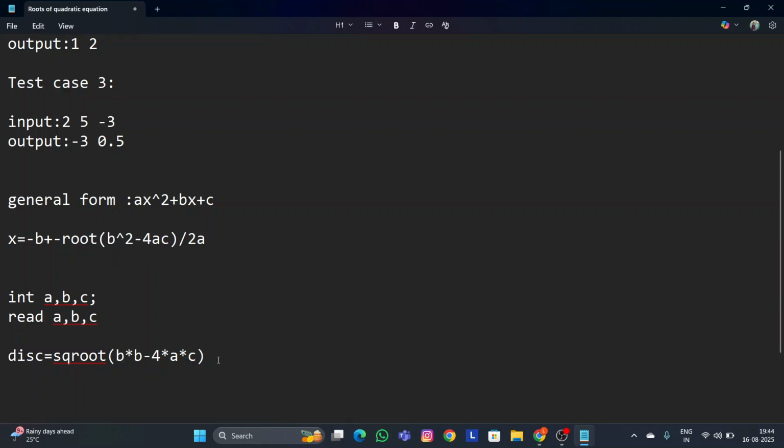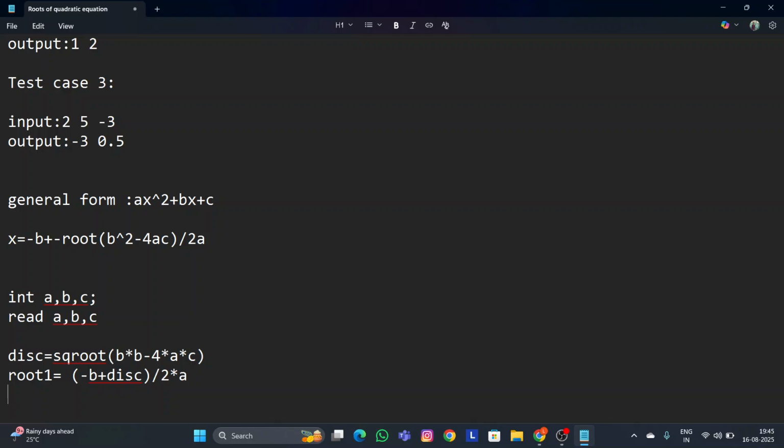After finding the disk value, root 1 equals minus b, I am taking the first plus value, since there are plus or minus. Minus b plus disk, the root of the whole value b square minus 4ac, whole by 2 into a.